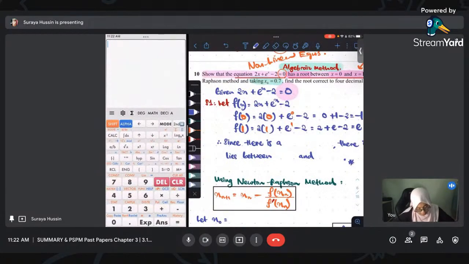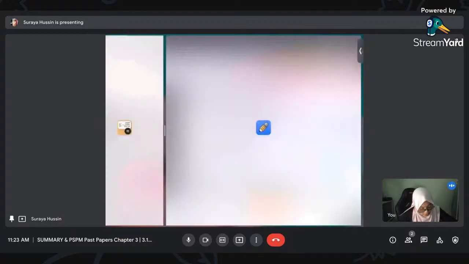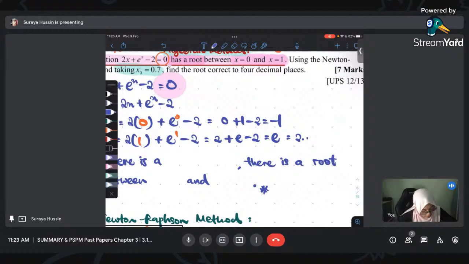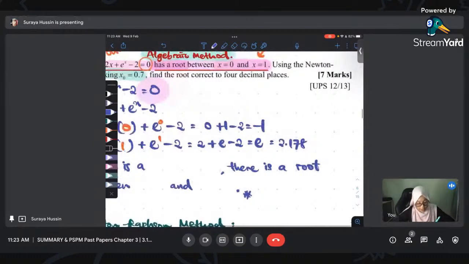Just tekan alpha exponent. Alpha exponent. See? Oh, 2.718. Sorry, guys. It is 2.718. Because you have to know that this exponent ada nilai 2.718. So di antara dua ini, you akan perasan satu less than 0, satu more than 0.